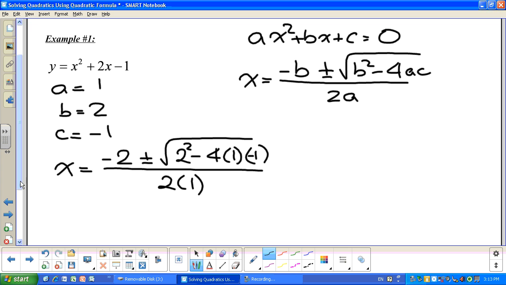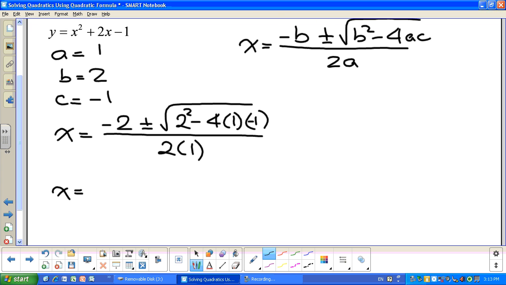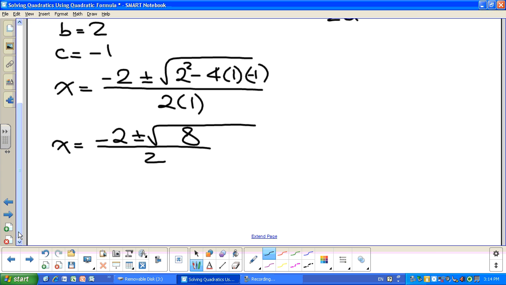Okay, so my x will be negative 2 plus minus square root of 4 plus 4, that's 8, divided by 2.